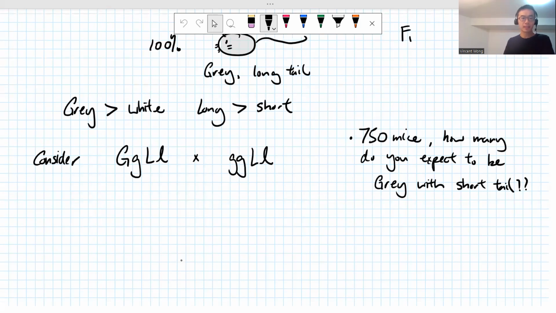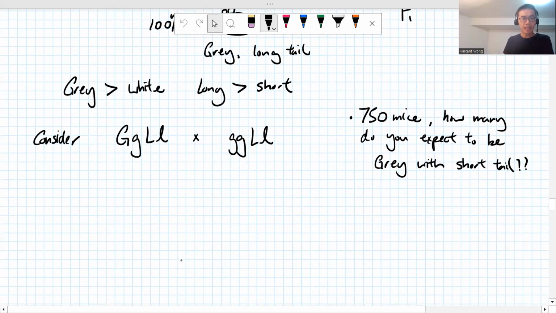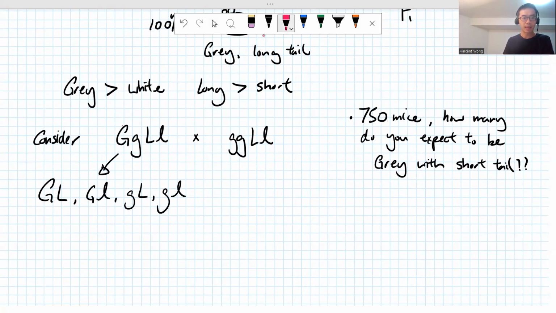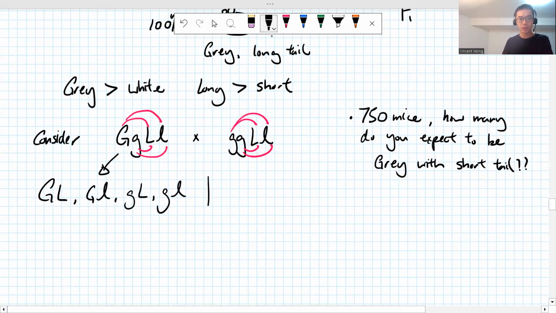All right. So the gametes for this one are big G, big L; big G, small l; small g, big L; small g, small l. And you can find the gametes by doing this, right? Similar to what you do in math. And over here, we can do the same thing, but it turns out there are only two kinds of gametes: small g, big L and small g, small l.